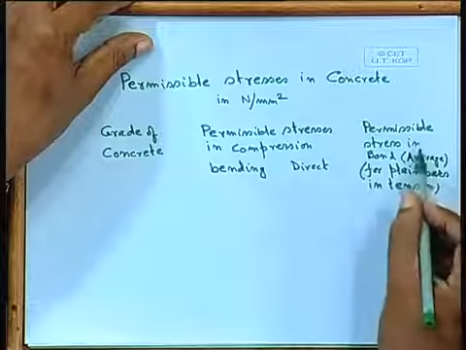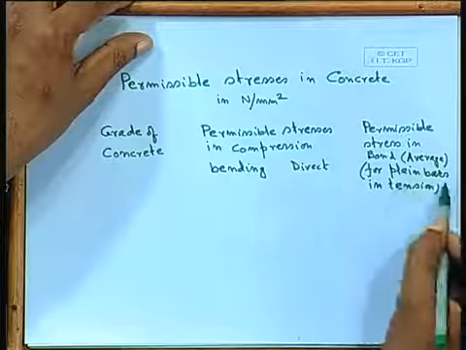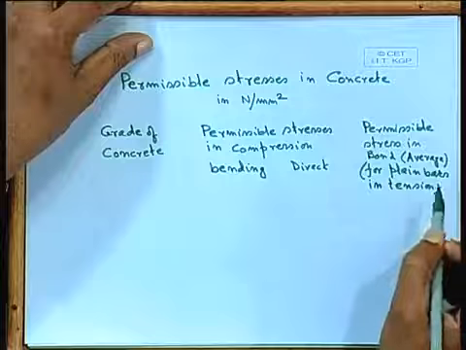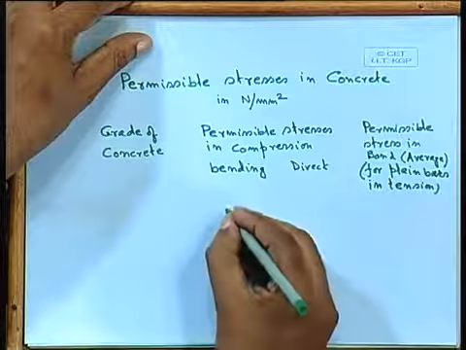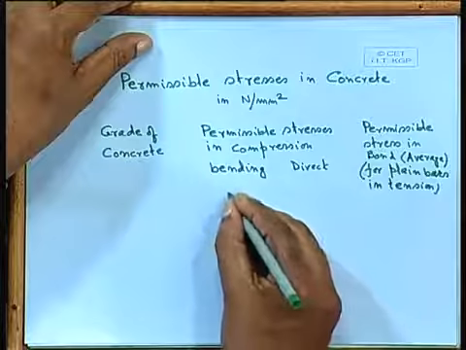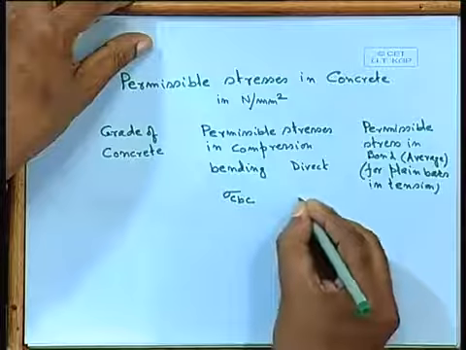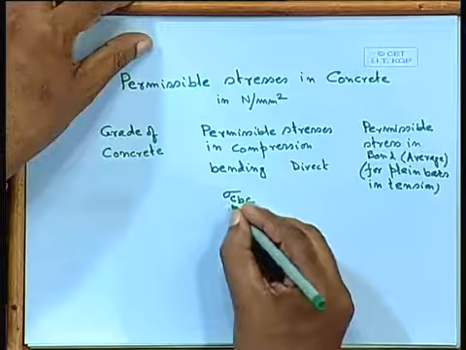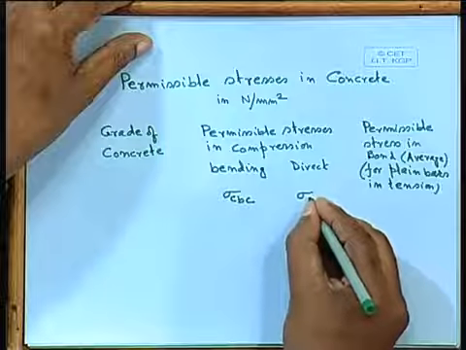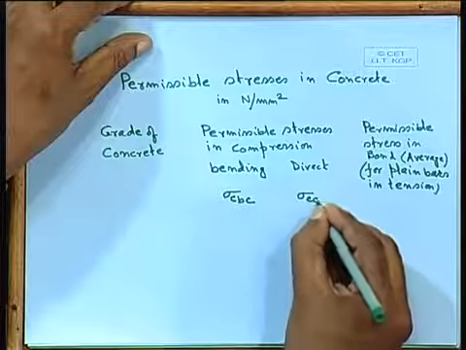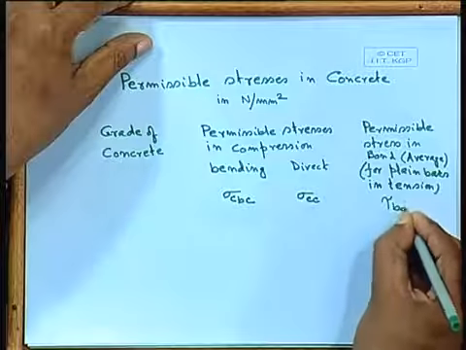So, permissible stress in bond, average value for plain bars in tension. We give it sigma cbc, that is in concrete bending compression, sigma cc concrete direct compression, and tau bd.